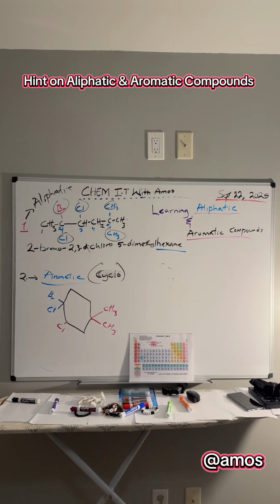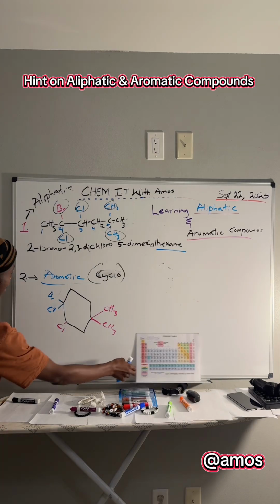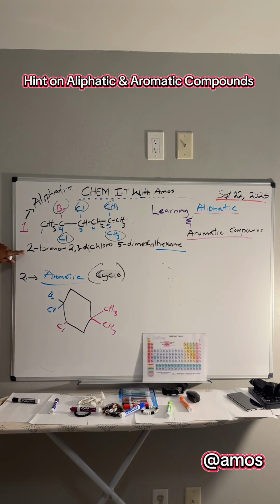So again, we can try to name this now. The first one has nothing attached to it. So we count it this way, it's 2. We just write the same name you see here.